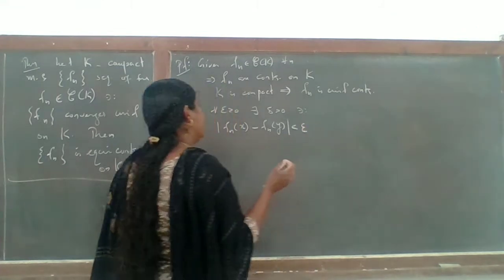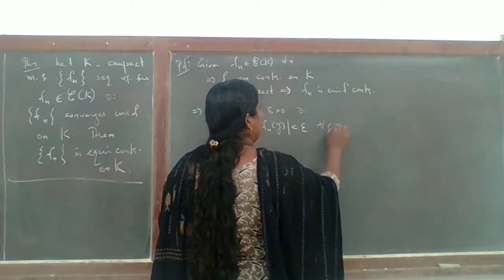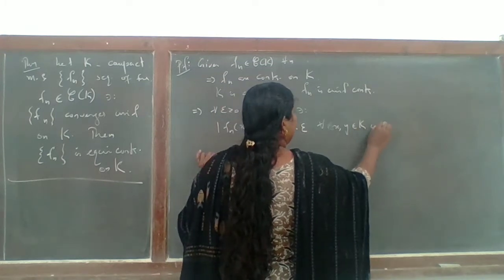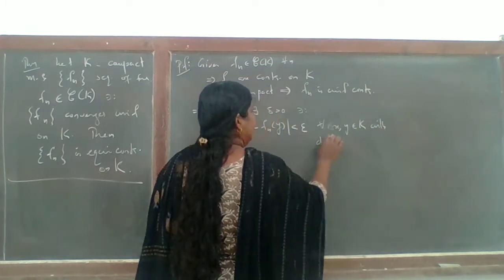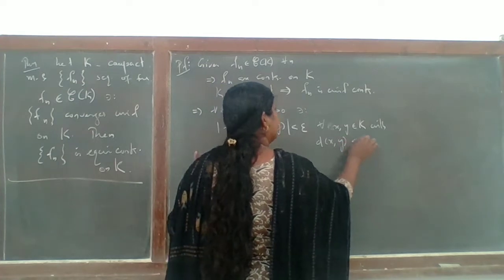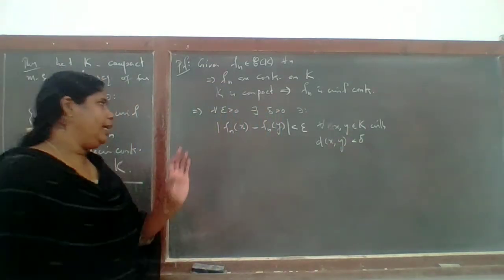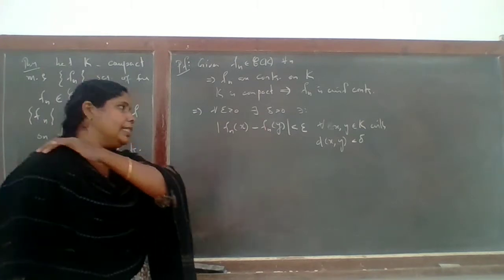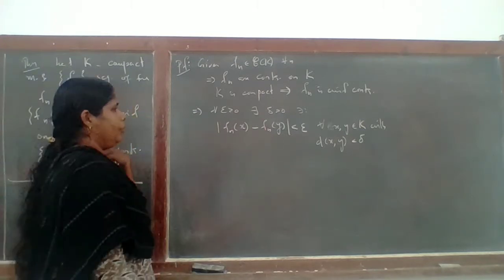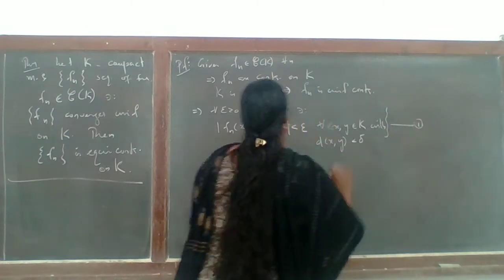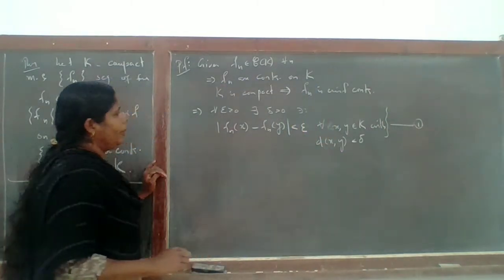Whenever two points are at a distance less than delta in K, their images are at a distance less than epsilon. This is the uniform continuity. So this we can name as statement 1.